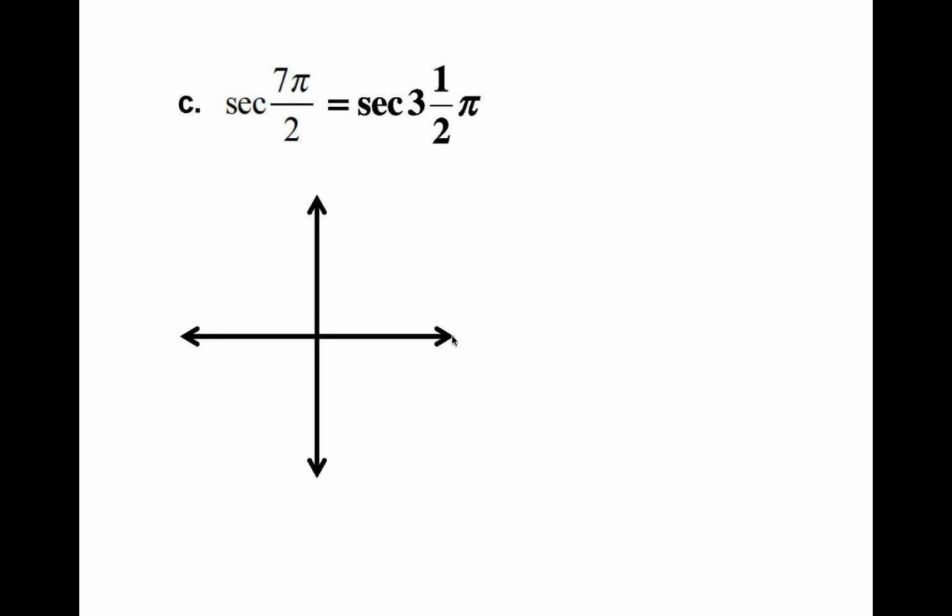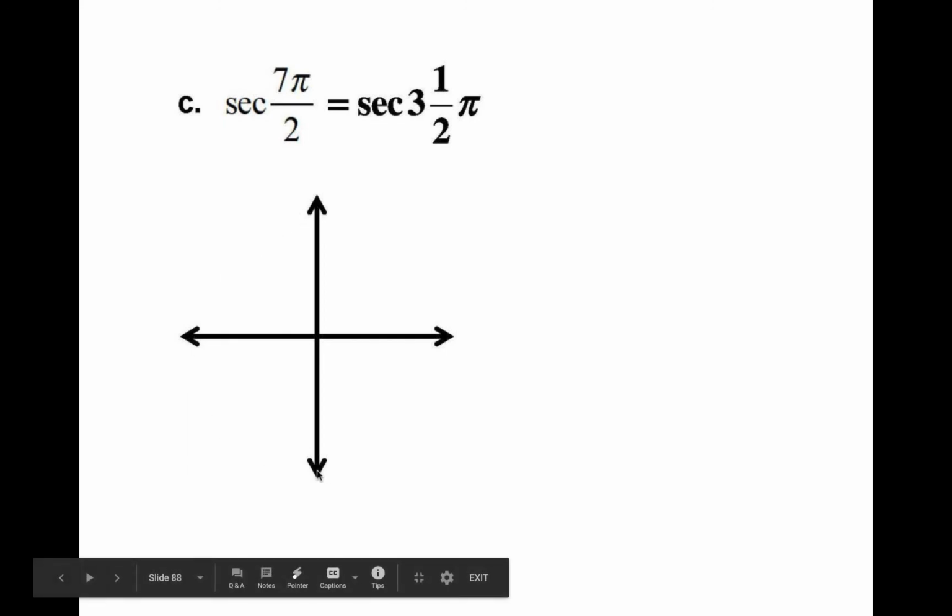For C, this is an improper fraction. We have to write it as a mixed number. So 2 goes into 7 3 times. 2 times 3 is 6. And then to get to 7, that's 1 more. So when we draw our picture, we have half a pi 1, 1.5 pi, 2 pi, 2.5 pi, 3 pi, 3.5 pi.